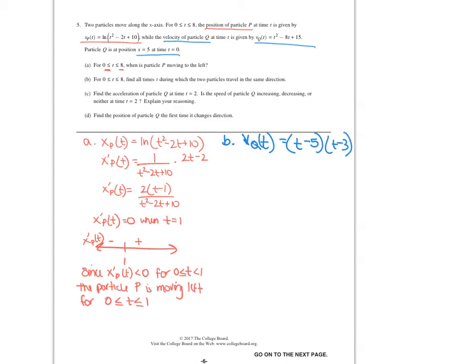So your critical values there are 3 and 5.